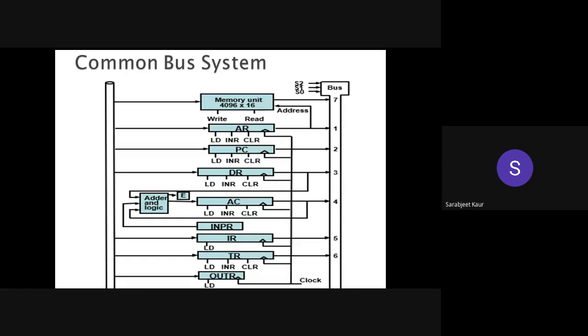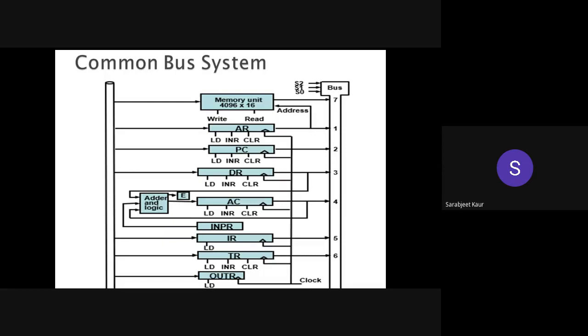But in such a system, it would be very complex. If we increase the number of registers, even for 8 registers, the number of connections will become very large.